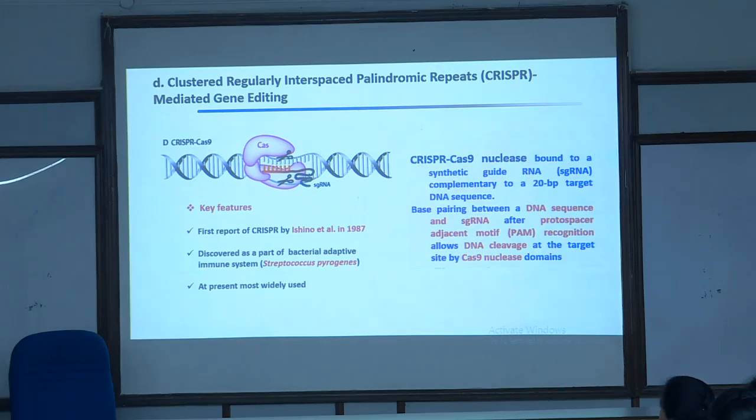So this is a nutshell about the CRISPR-Cas nuclease. It's bound to a synthetic guide RNA, sgRNA, complementary to a 20 base pair target in the genome. It can be anything. It can be a coding sequence, or any non-coding region or promoter. The base pairing between the DNA sequence and sgRNA after the protospacer adjacent motif, what is called the PAM motif, recognition allows the DNA cleavage at the target site by Cas9 nuclease.